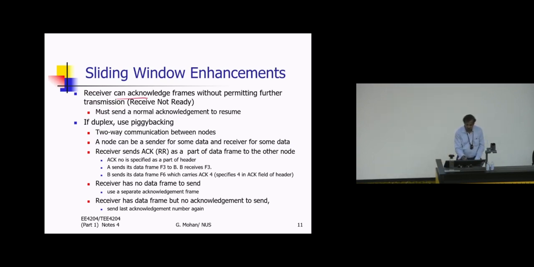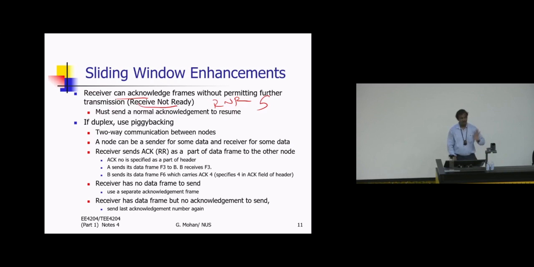A network can introduce a new message which says receiver not ready. So far we have used RR, receiver ready. RR5 means the receiver is ready to receive frame 5 onwards. Now RNR5 means the receiver acknowledges the previous frames, 4, 3, 2, but is not ready to receive from 5.